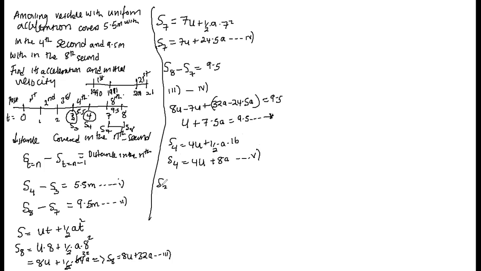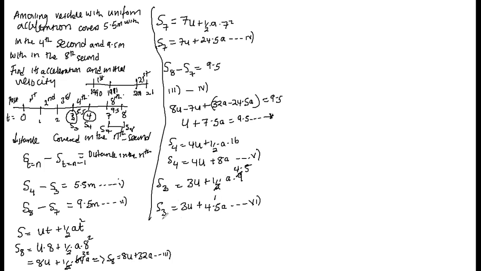Then distance of 3 shall be 3U plus a half times A times 3 squared, which is 9. Half times 9 is 4.5. So distance of 3 shall give me 3U plus 4.5A. And this will be the 6th equation.